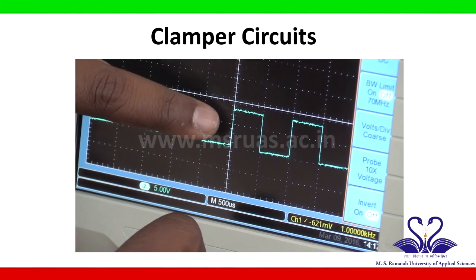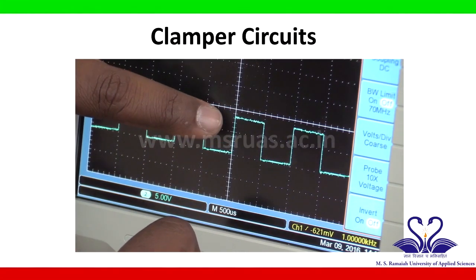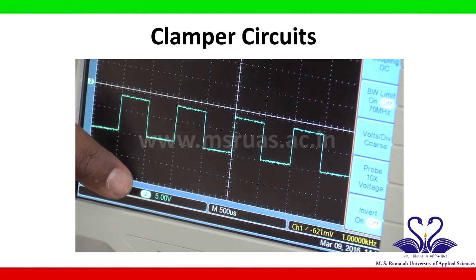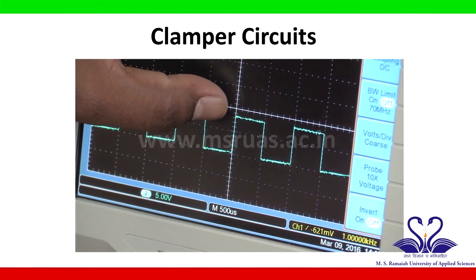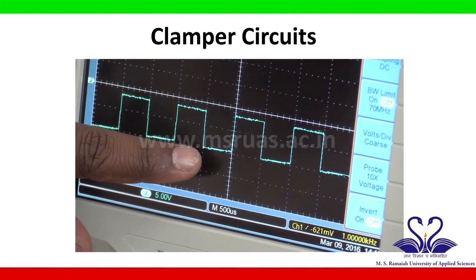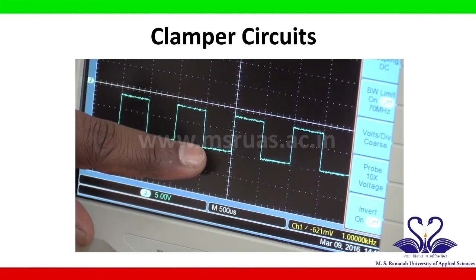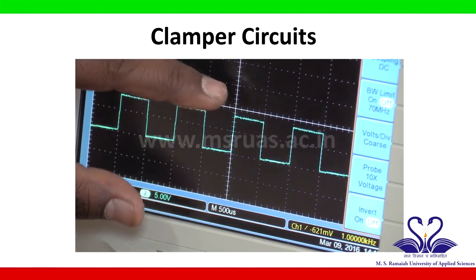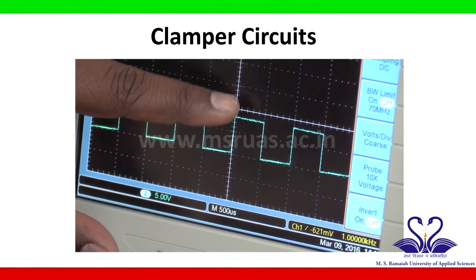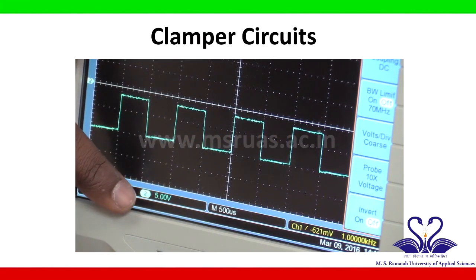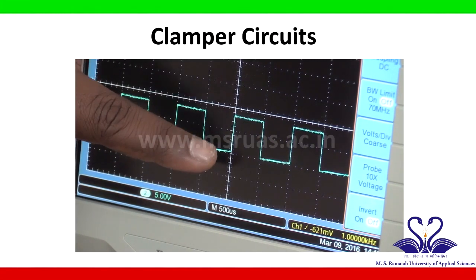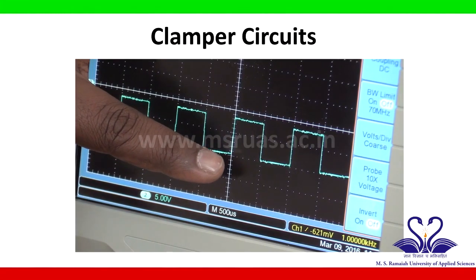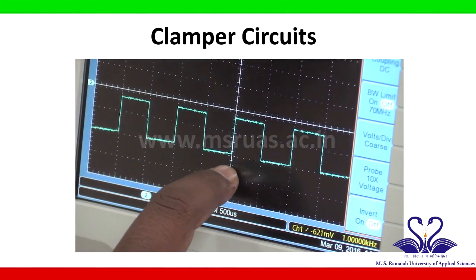Each small division value is 0.2, so 2 small divisions is 0.4. 0.4 into 5 volt is 2 volt. So the signal is starting from minus 2 volt, and the negative peak voltage is covering almost 2 blocks into 5 volt, that is 10 volt. So this negative clamping voltage level is minus 10 volt, which we will note down.